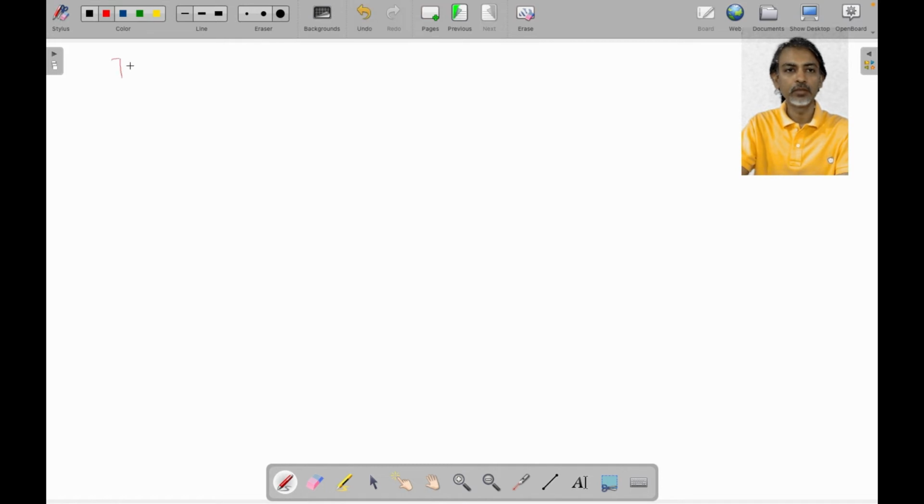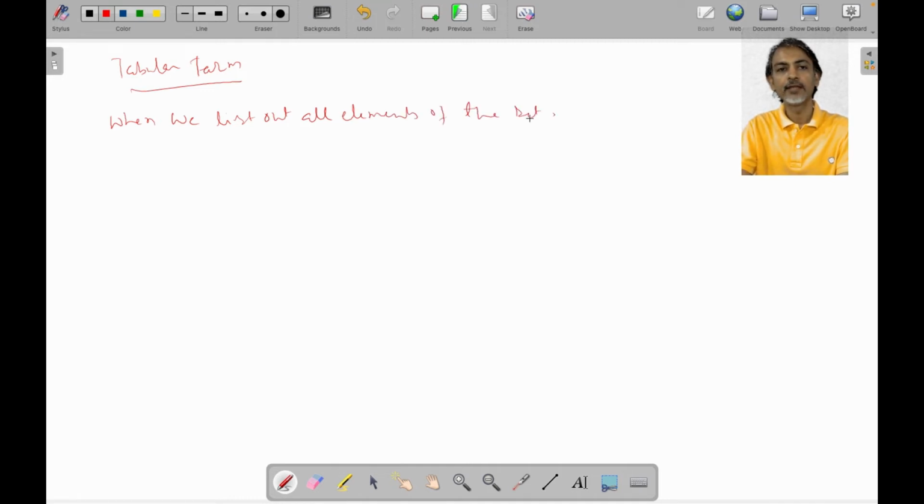So the tabular form. When we list out all elements of the set, this is the one, and then there will be these elements or objects.